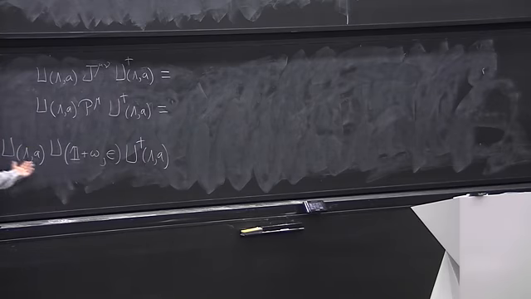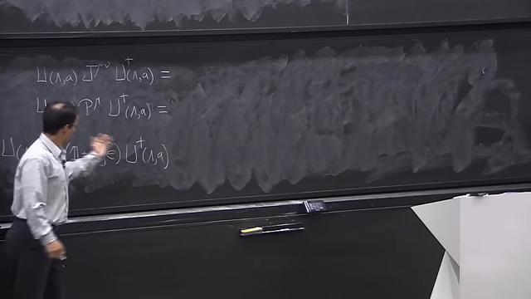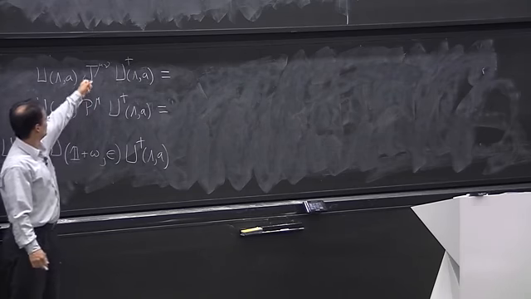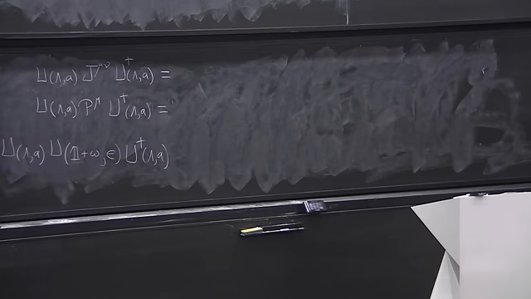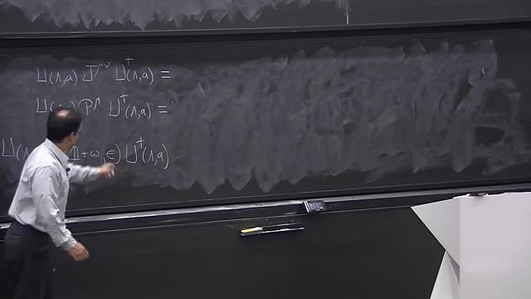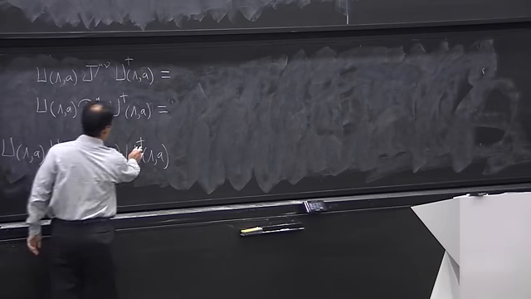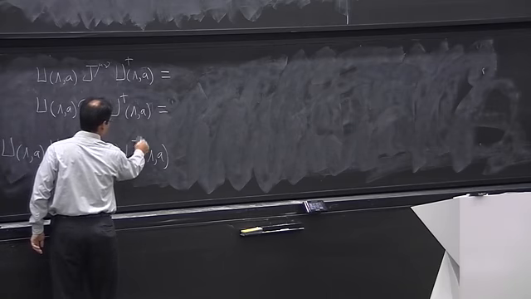Okay, so this is what we want to do. If we understand what happens to this, we will be able to understand what happens to them individually, because we just have to compare the coefficient of each of the infinitesimal parameters, right? Well, let me replace this by an inverse.